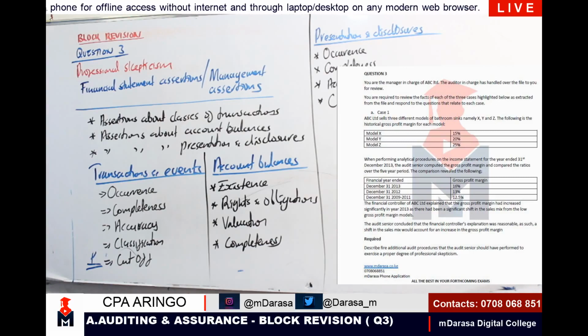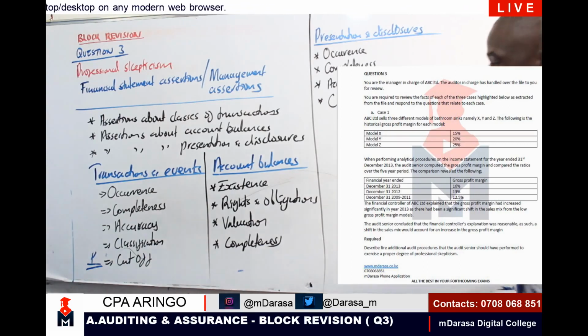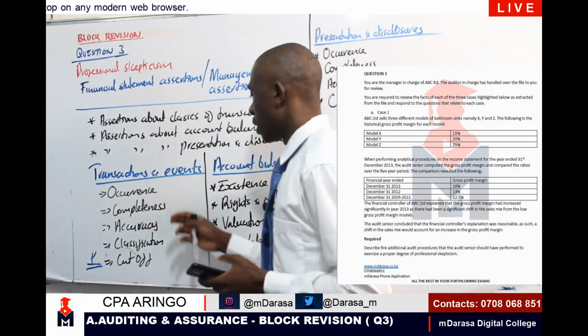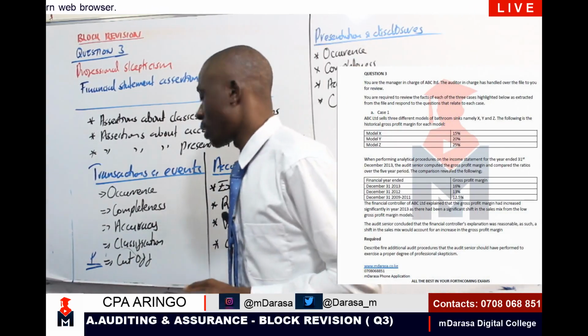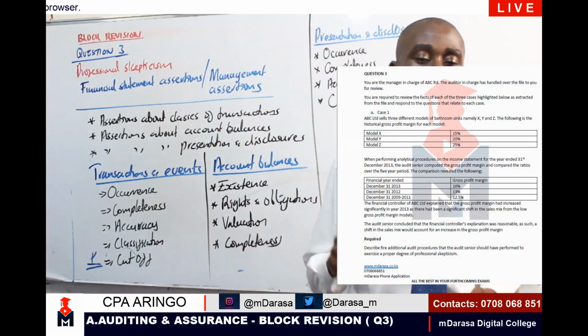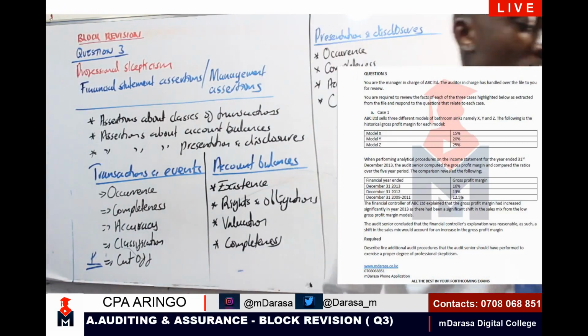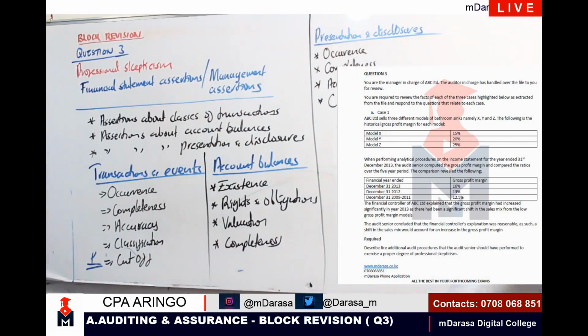Also compare the gross profit percent by product line with the previous year and industry data. I should also compare the level of prepayments to the previous year to ensure that the figure is materially correct and complete. So we are looking at it to make sure that whatever I'm being told, all such transactions were correctly put into our books, and they were very complete.